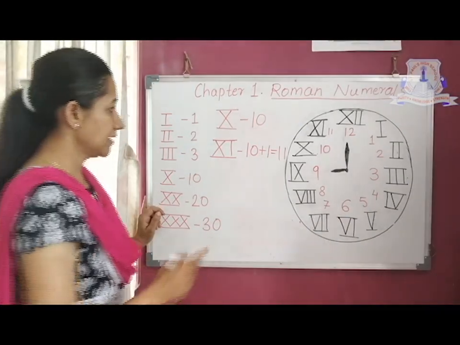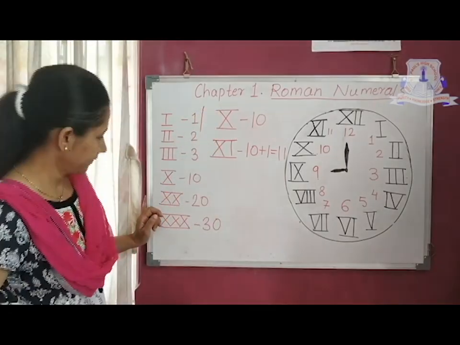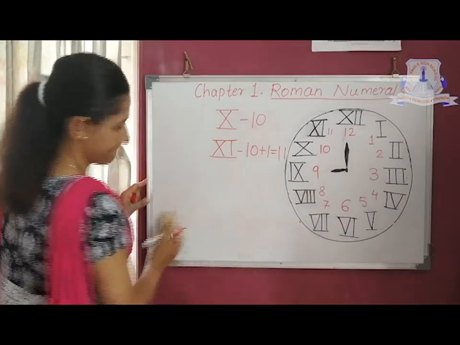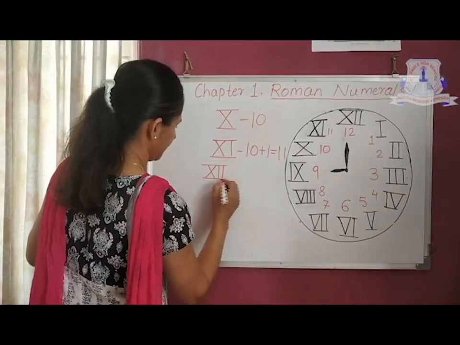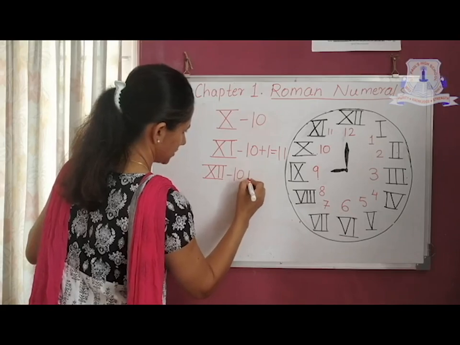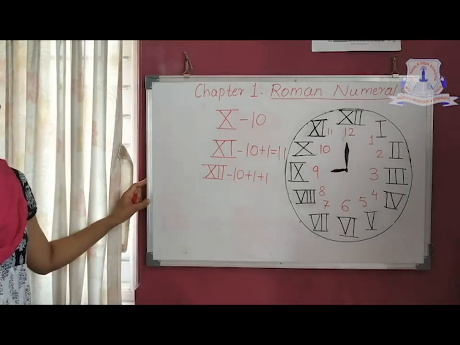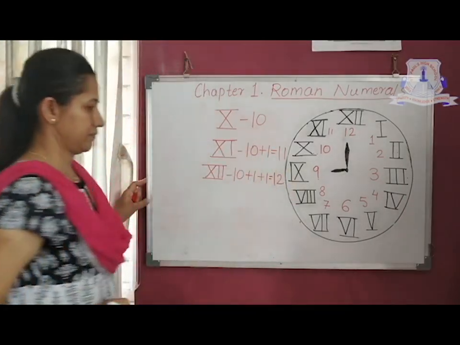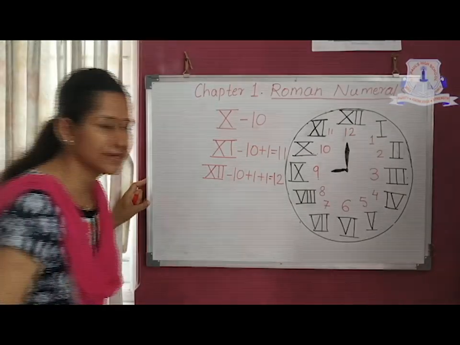Similarly, how do we write 12? To write 12, you have 10 plus 1 plus 1, so that will be equal to number 12. Clear? Next, what about number 13?